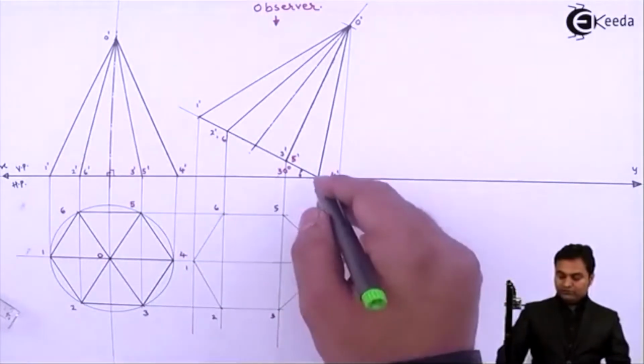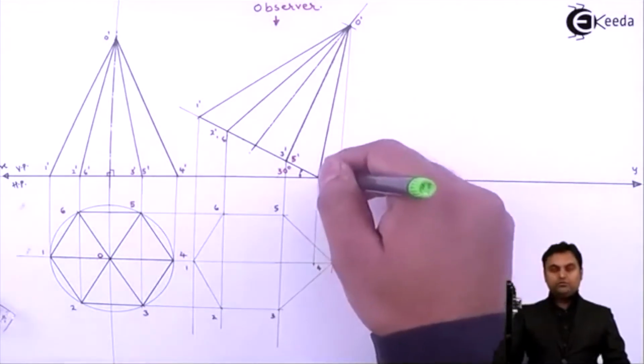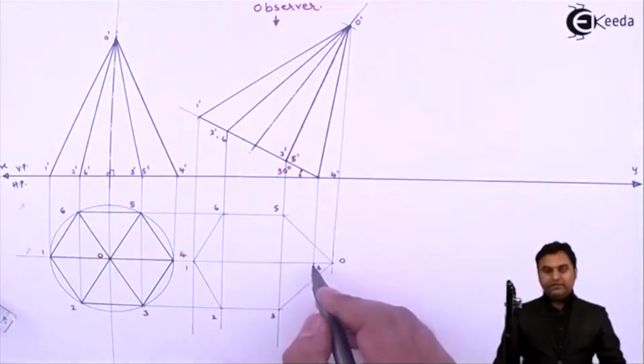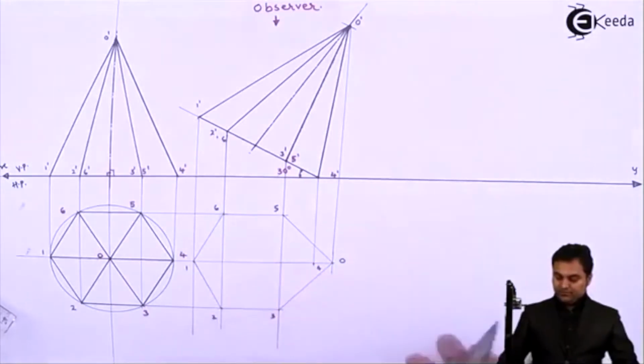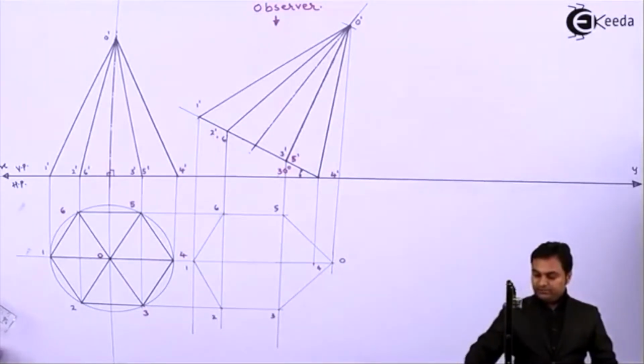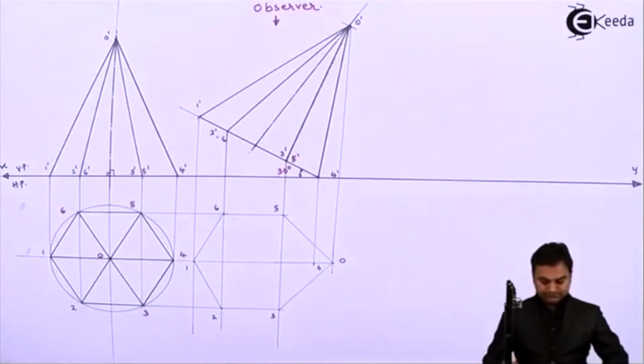But if we look at corner 4, it is going behind the observer, so this corner will be hidden, and this much will be the visible portion of the hexagonal pyramid in the top view. I'll make it dark.